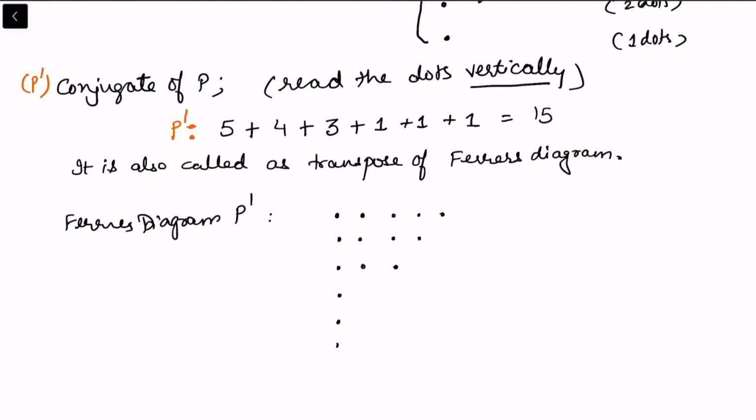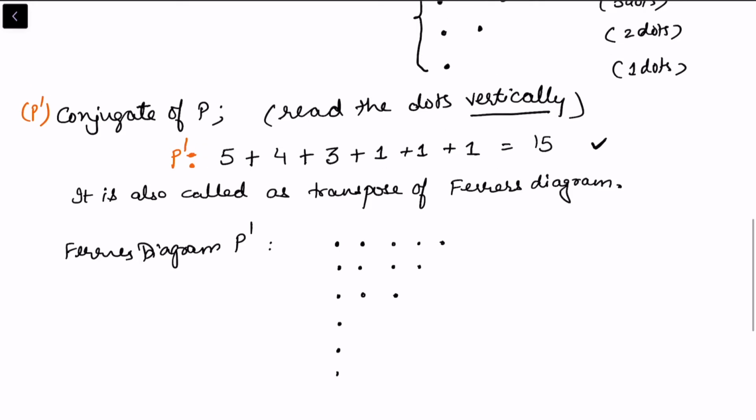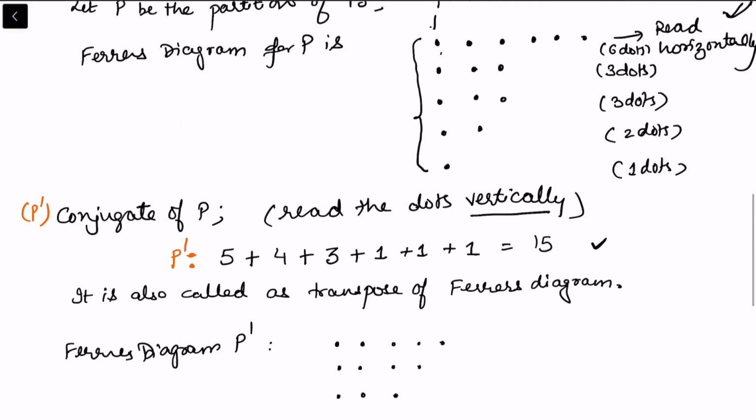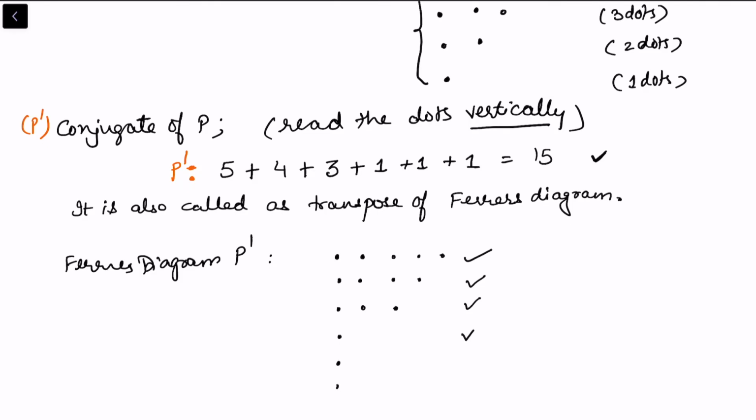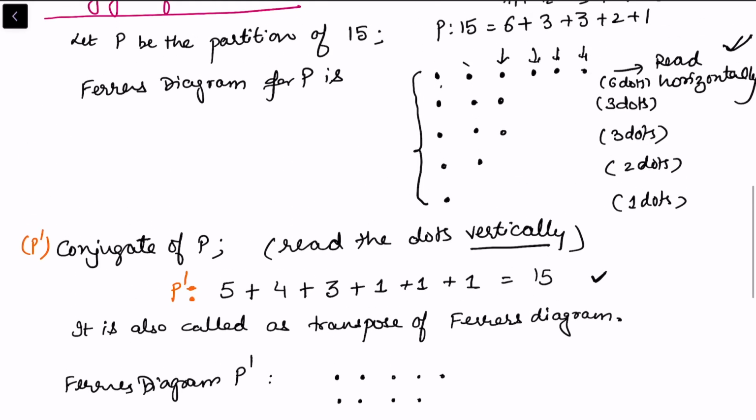Once we have read the dots vertically, we read a column and make it a row, then read the second column and make it the second row, read the third column and make it the third row, and the fourth, fifth, sixth columns become respectively the fourth, fifth and sixth rows. So simply by changing rows into columns, we get the conjugate of the Ferrers diagram.